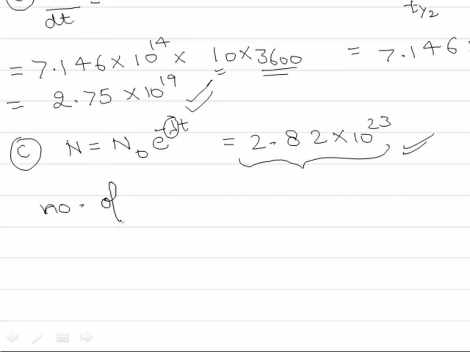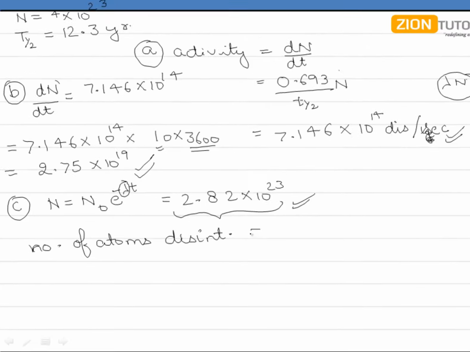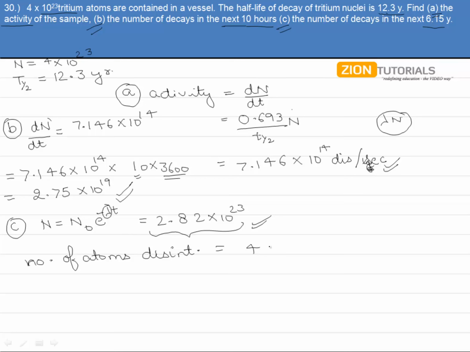That is, number of atoms disintegrated is actually total. What was total? It was 4 into 10 to the power 23 minus whatever is left right now, that is 2.82 into 10 to the power 23, giving us the total number of decayed atoms to be 1.18 into 10 to the power 23.